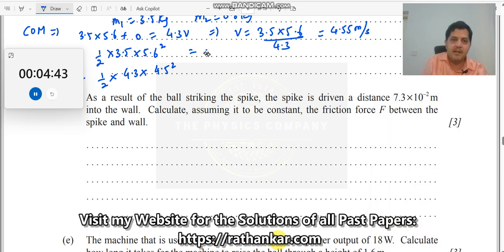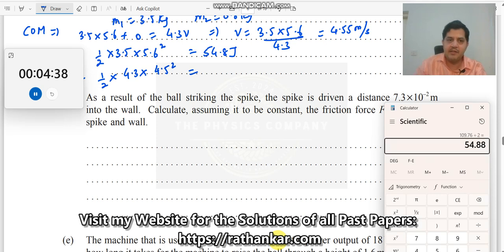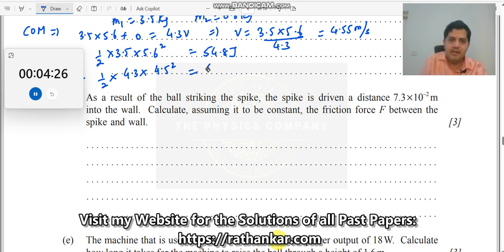And the final one is 4.5 times 4.5 times 4.3 divided by 2, which is equal to 43.5 joules. Now what do I need?